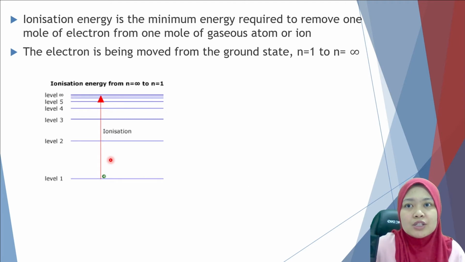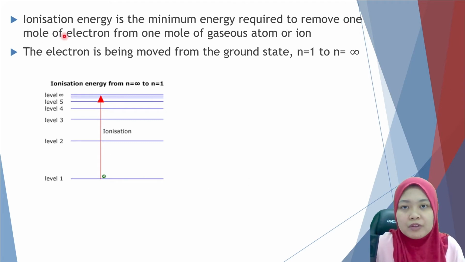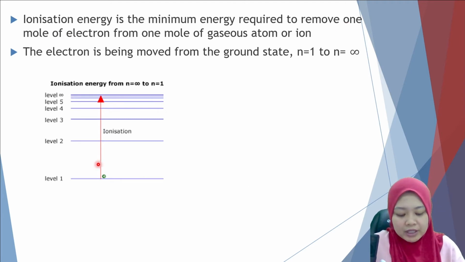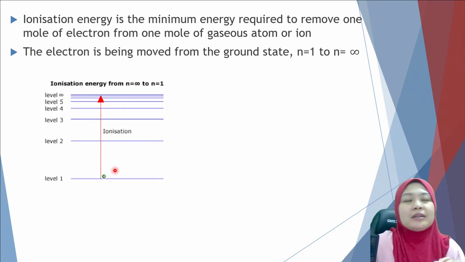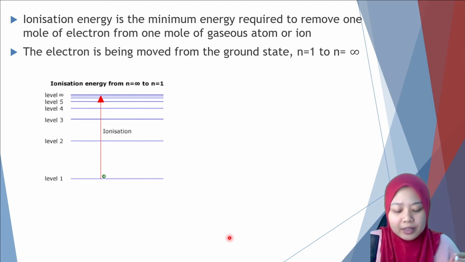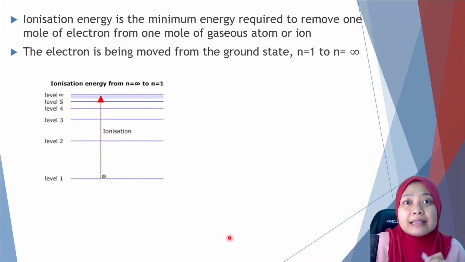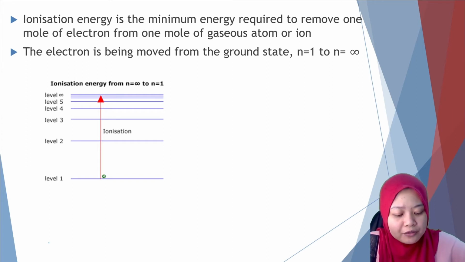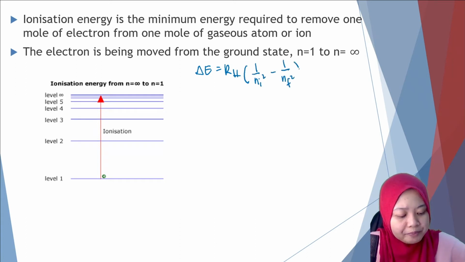Since ionization energy removes 1 mole of electron, that means we remove the electron from n equal to 1 to infinity. So how do we calculate the ionization energy for this electron? First, you have to calculate the delta E, using the formula delta E equals R_H times 1 over n initial squared minus 1 over n final squared.